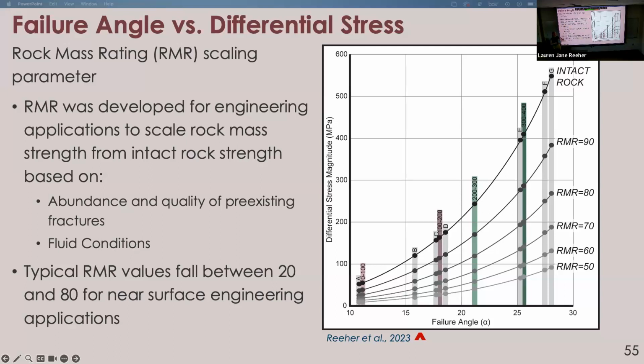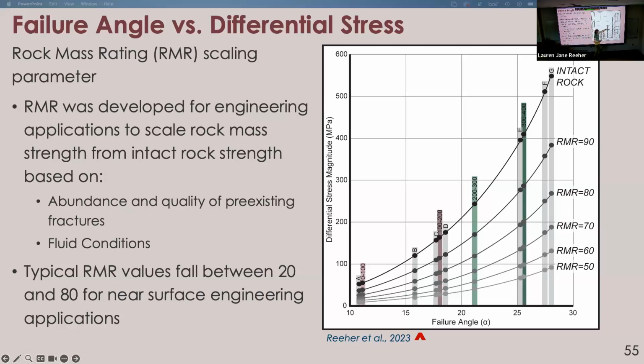It might be a slope stability study or something, and they can take different direct measurements and come up with a rock mass rating. Typical rock mass rating values fall between 20 and 80. The point here is that there hasn't really been a way to accurately scale this strength in a natural geologic environment.